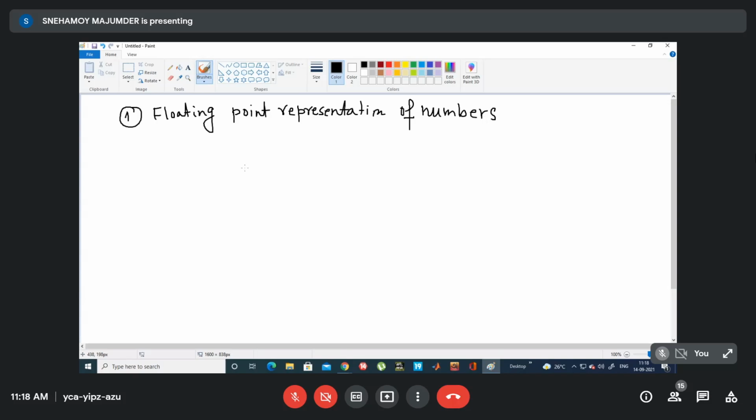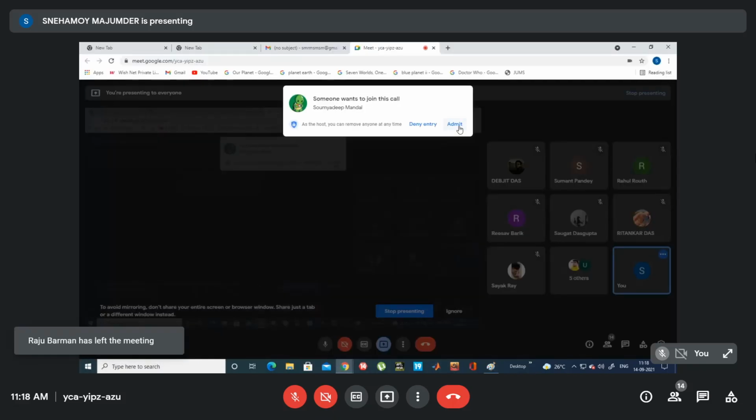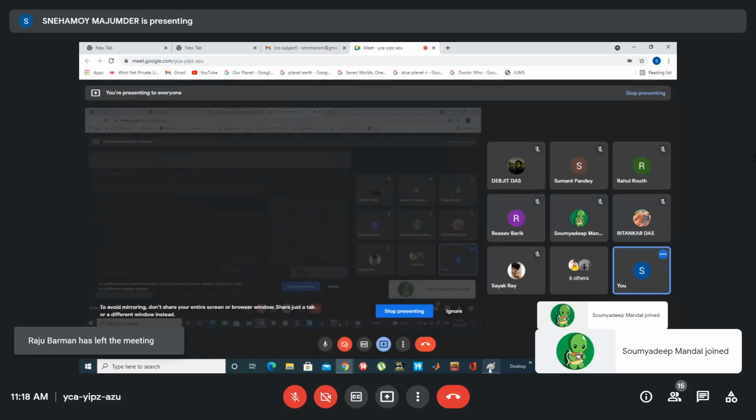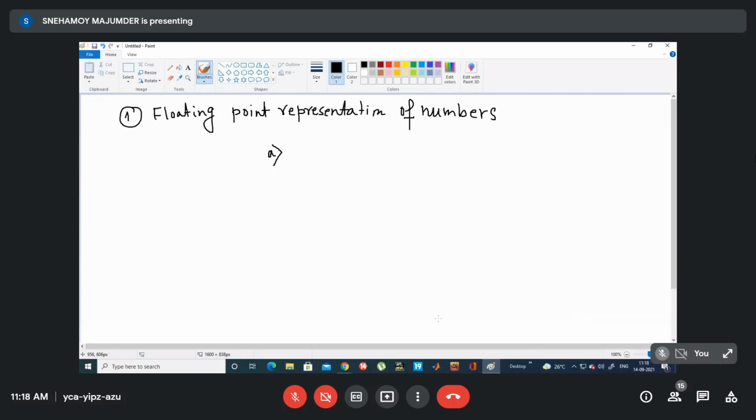There are two types of arithmetic operations available in a computer. One is integer arithmetic.